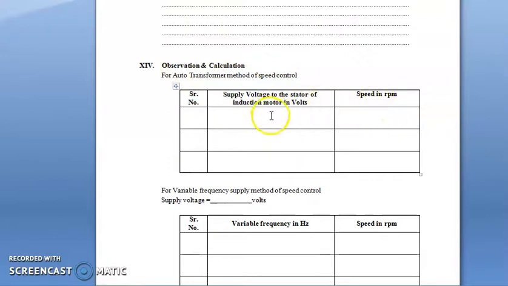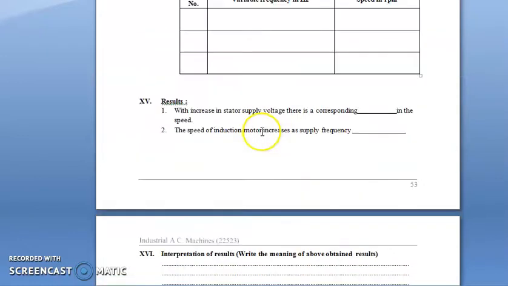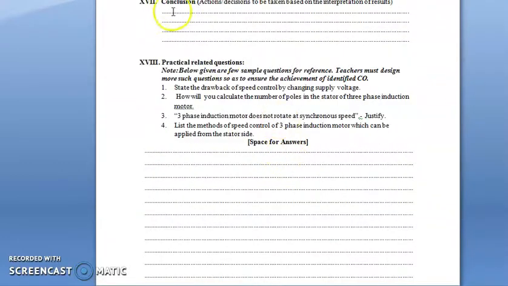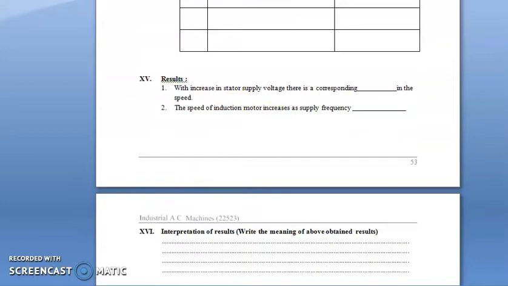By varying the auto transformer we can obtain the voltage and get the speed. As we know that we are using auto transformer for starting purpose or as a starter, we can control the input voltage of the three-phase induction motor so that we can control the speed. Okay, so let's see in the practical session, and then you can write the results, which increases speed. That means you can complete all these things. Okay, so we will see about the practical session of this experiment.